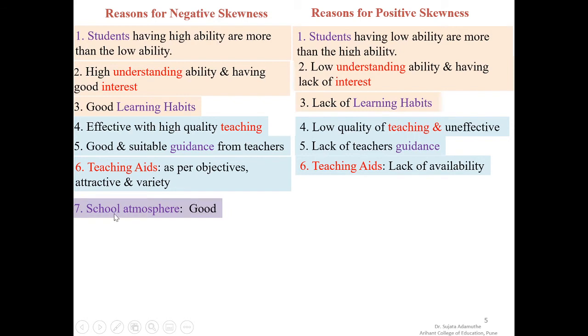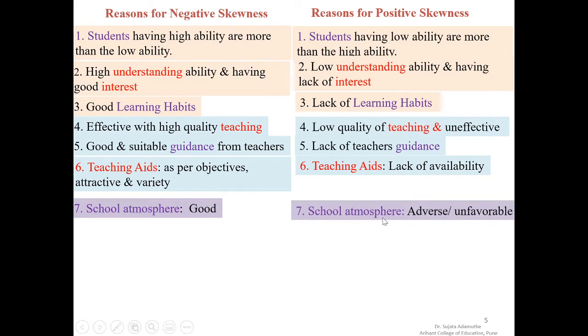That means, in short, if the school atmosphere is very good, automatically it will affect the students' learning habits, their learning strategies will change automatically, and so we will see the negative skewness. That means the students will get more scores in that subject or in other subjects also.